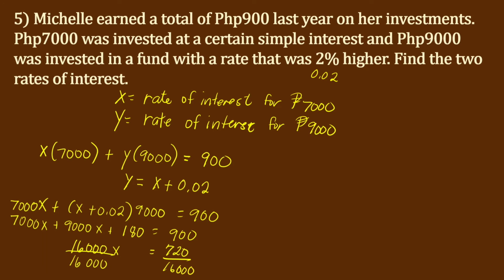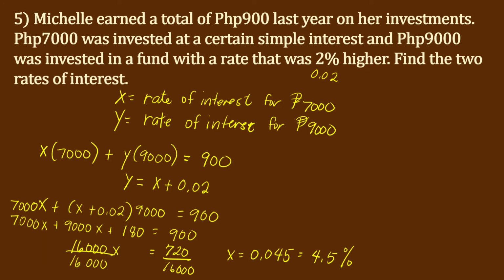So, 720 divided by 16,000 pesos, it will give us 0.045. So, x is equal to 0.045. Now, this is equivalent to 4.5%. 2 decimal places to the right to make it a rate of interest.